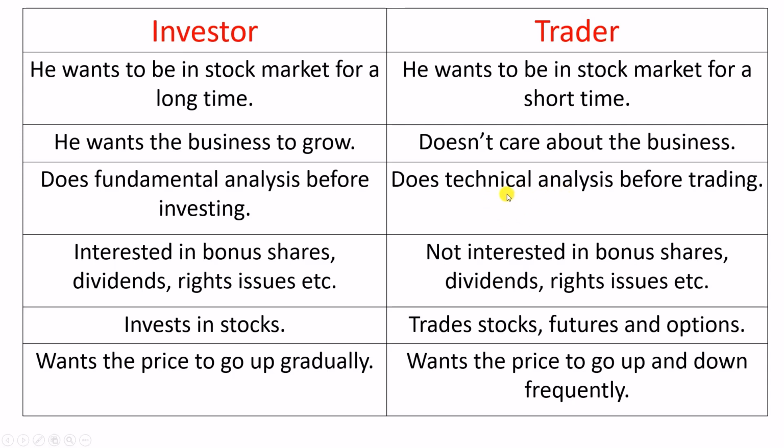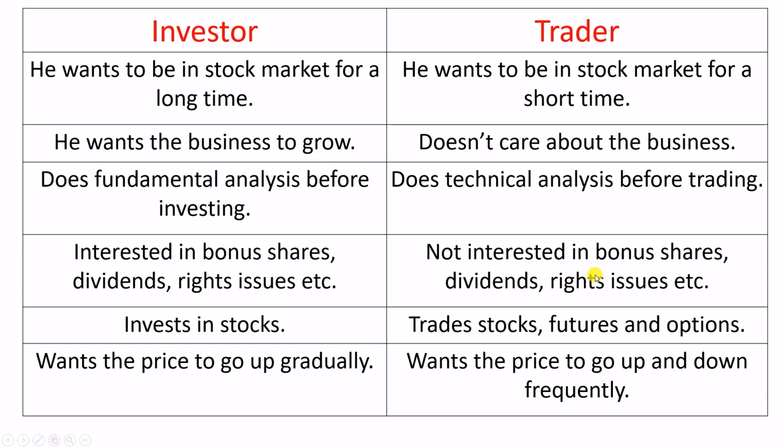Next, an investor is interested in bonus shares, dividends, rights issues, and much more, because all these will increase his wealth. Whereas the trader is not interested in any of this unless these have an impact on the movement of the price of stocks.